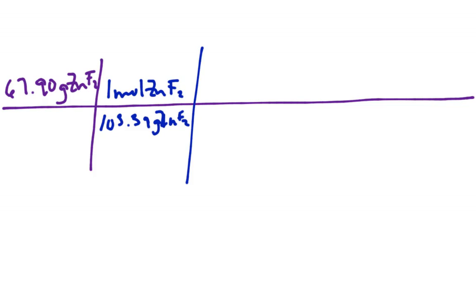Then we're going to go to compounds, and I know that this is a compound because it's a metal and a nonmetal. Anytime that there's a metal, it's a compound. So in 1 mole of zinc fluoride, I have 6.02 e to the 23 compounds of zinc fluoride.